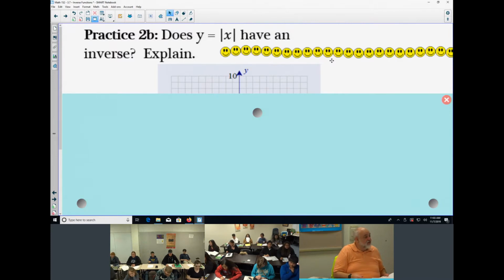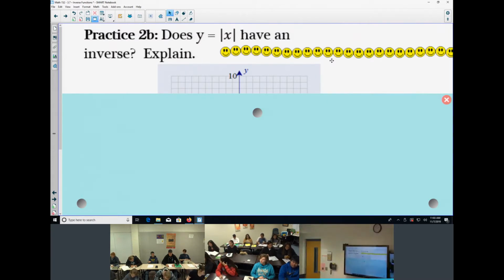So does y equals absolute value of x have an inverse? If you think it does, thumbs up. If you think it doesn't, thumbs down. Okay? So the answer is no, and why not?